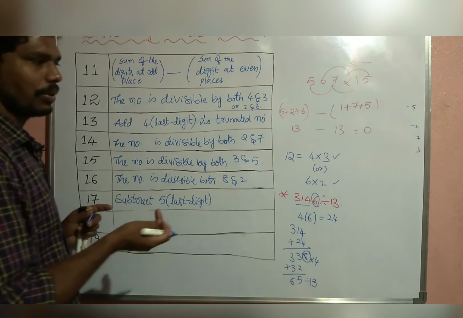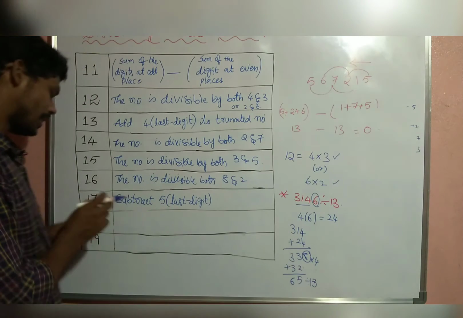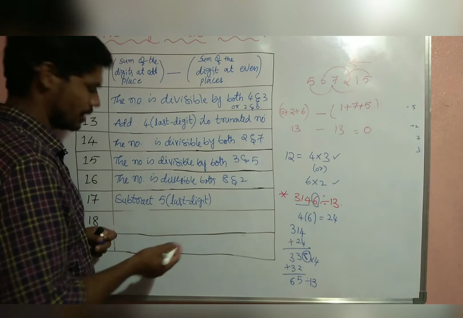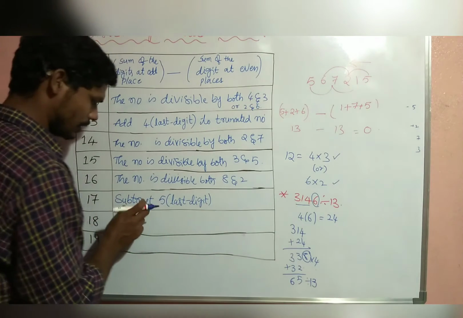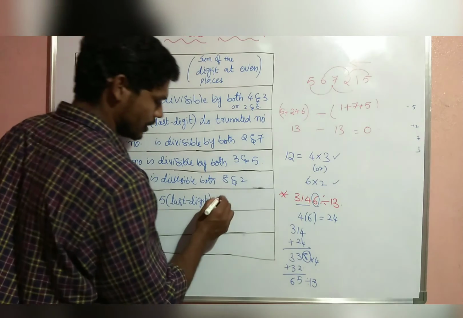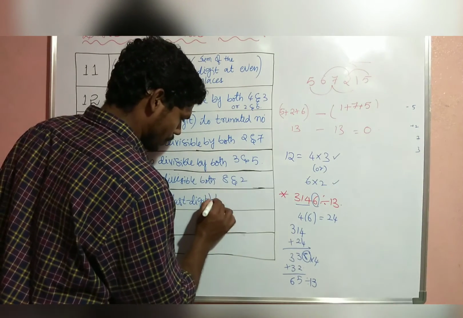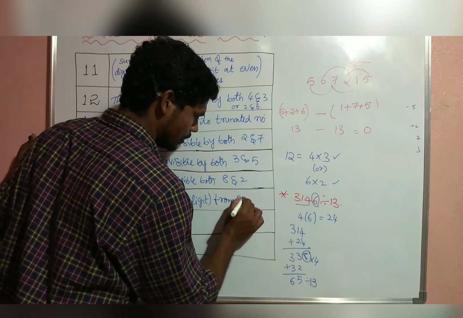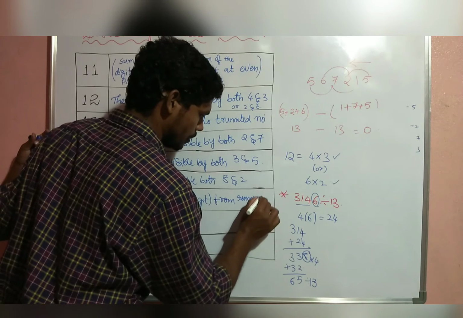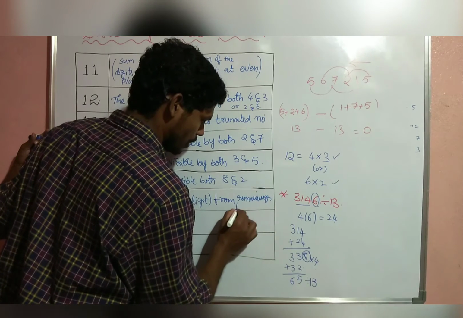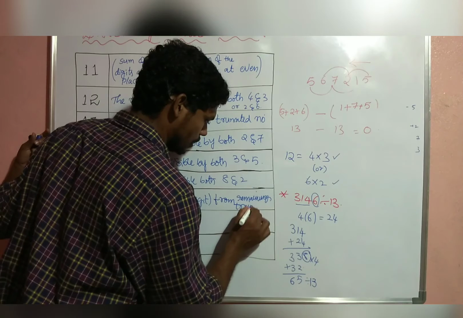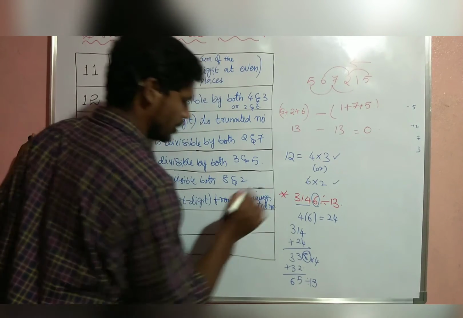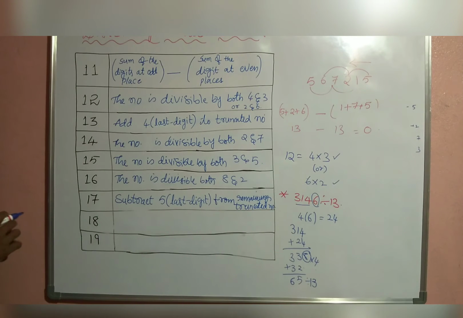Otherwise, you can repeat the process until you obtain a multiple of 17 or else 0 or else 17. Till that time you have to do this process. That is the divisibility rule of 17.